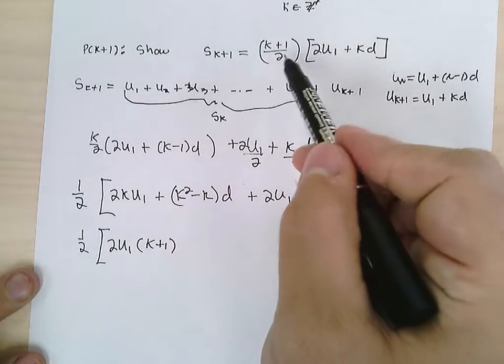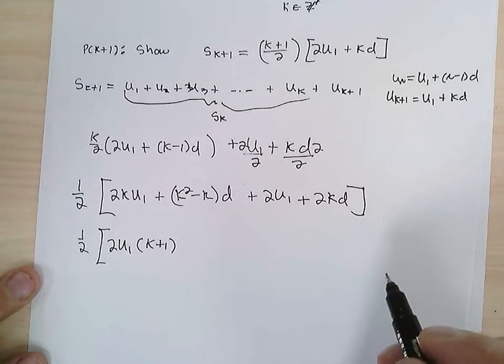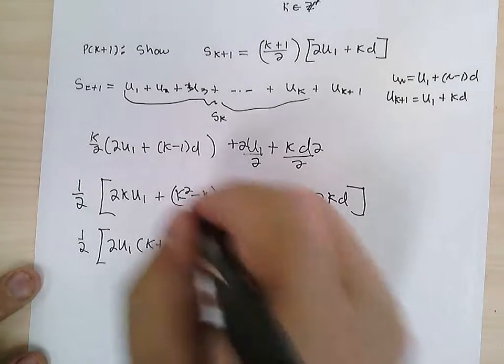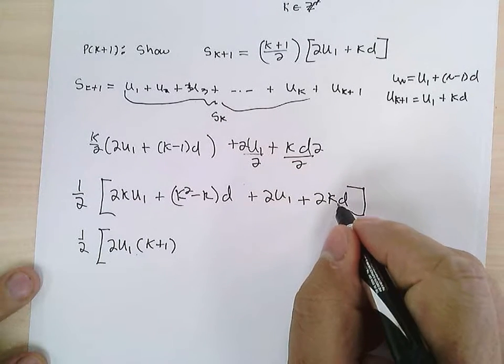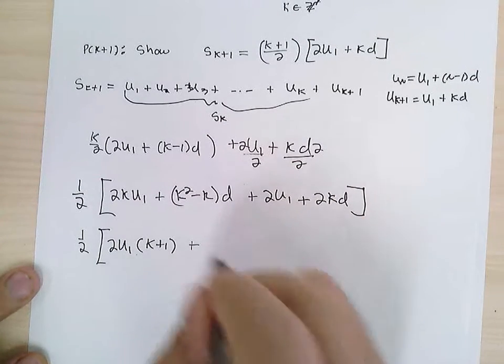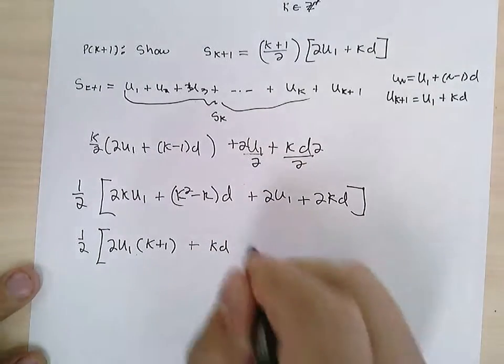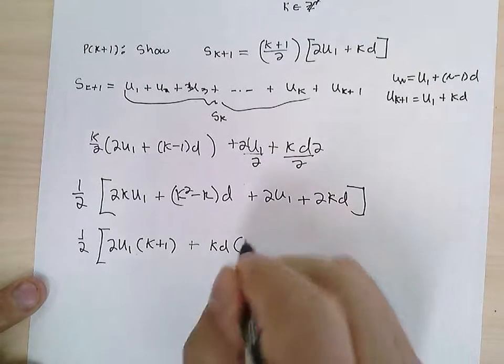I know I want to be able to get a k plus 1 out, but I got to be able to get it out of everything over here. And then, let's see. So those two were combined here. Here I can take out a k and a d, right? So I can take out k times d. What does that leave me with inside of here?